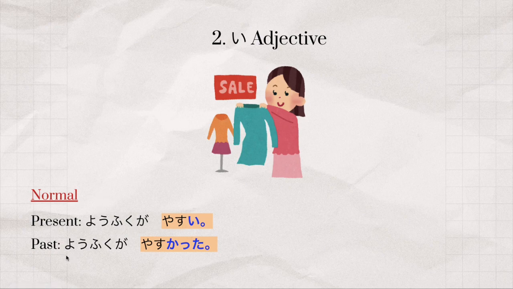Past tense would be 洋服が安かった. So because this is the い adjective, you would end with 安い, which means cheap. And then converting that to past tense, all you gotta do is remove the い and add かった.